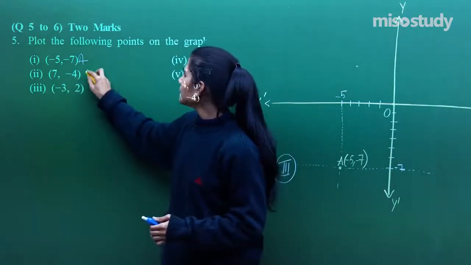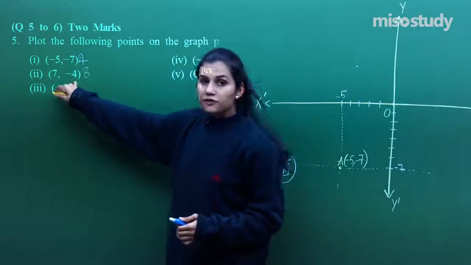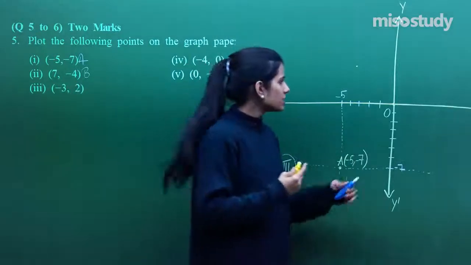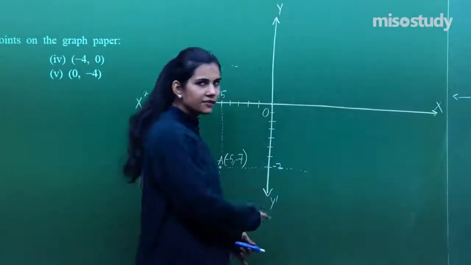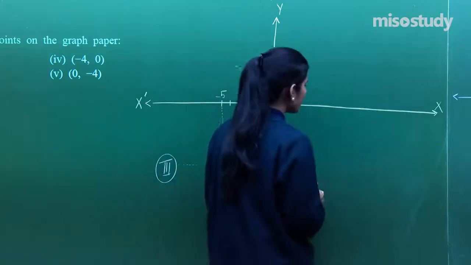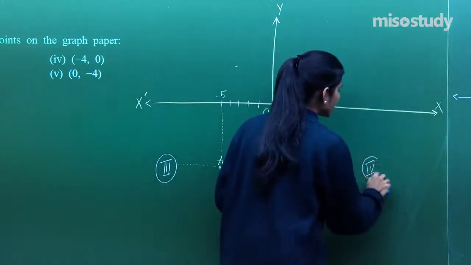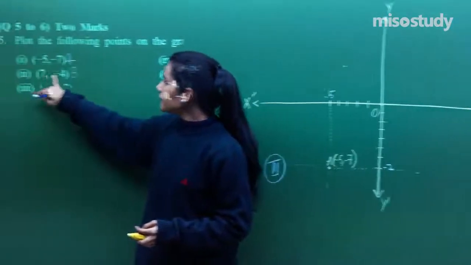This is (7, -4). Let's say this is point B. The x coordinate is positive, the y coordinate is negative. X coordinate positive means focus on the positive x-axis, y coordinate negative means focus on the negative y-axis. So which quadrant do I have in the picture? XOY'. That means my point B is going to lie definitely somewhere in the 4th quadrant. But where? Focus on the magnitudes, 7 and 4.